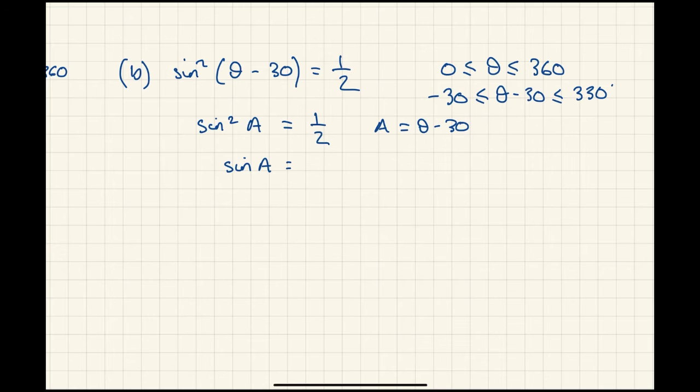Sine a will be equal to plus or minus the square root of a half, which is actually, if you think that that's root 1 over root 2, and root 1 of course is 1, so it's 1 over root 2, which is root 2 over 2. And again, of course, this is all plus or minus, just to rationalise that denominator. So sine a is equal to that, so we can solve for a. If we put a in, a equals shift sine root 2 divided by 2.